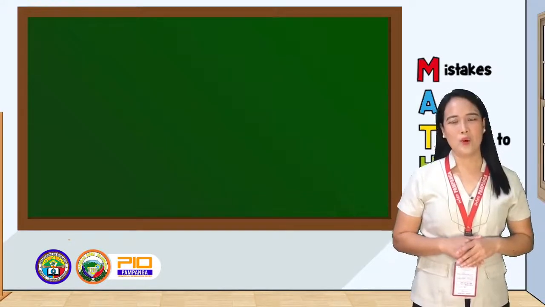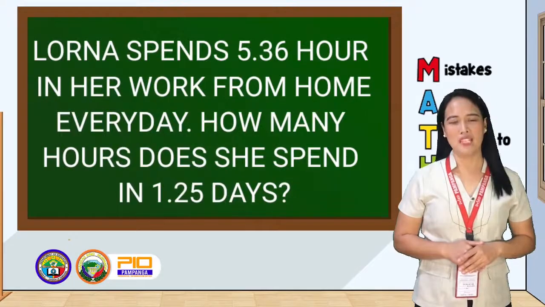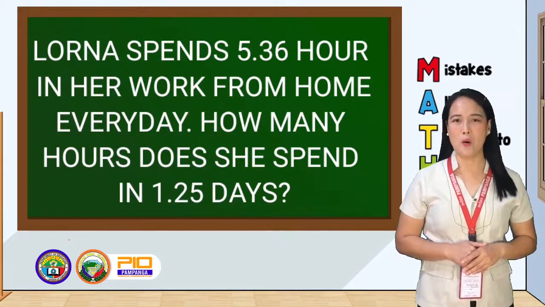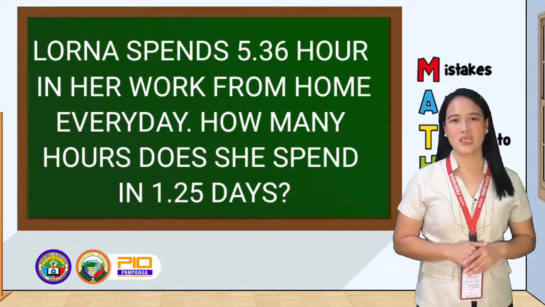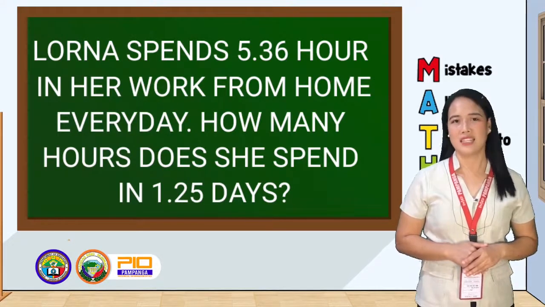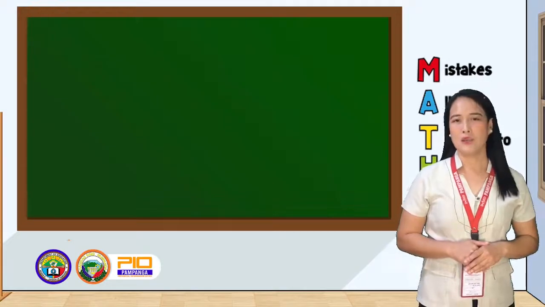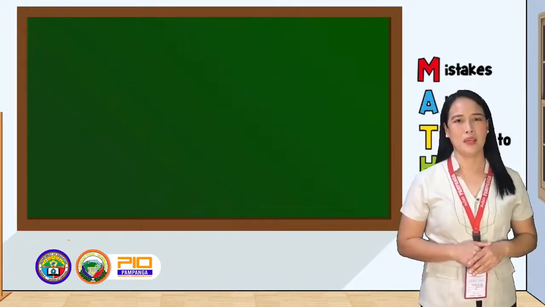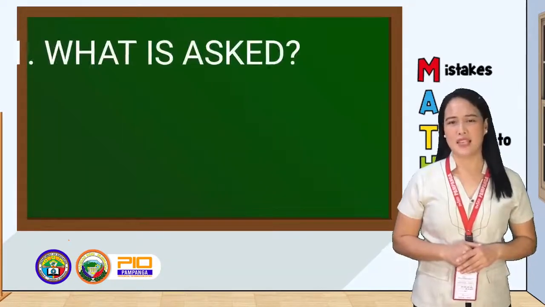Let us read the word problem and solve. Lorna spends 5 and 3,600 hours in her work from home every day. How many hours does she spend in 1 and 2,500 days? Before answering the problem, let us recall the steps in solving word problem. Number 1, we need to find out what is asked.